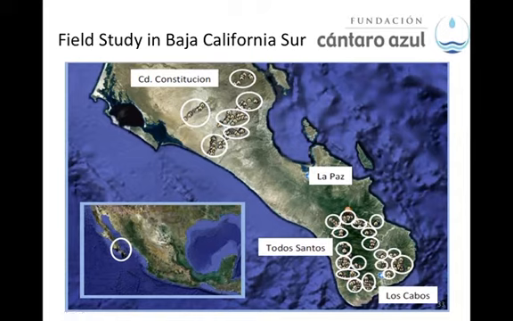With the help of Cántaro Azul, we carried out a field study in Baja California Sur, which some of you may be familiar with. Here's La Paz here in the middle. And there are all these very rural households located to the north and the south of La Paz, where people don't have access to safe drinking water.